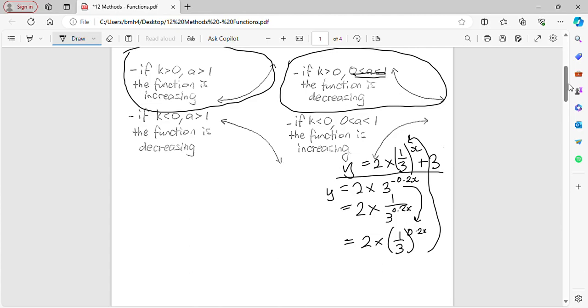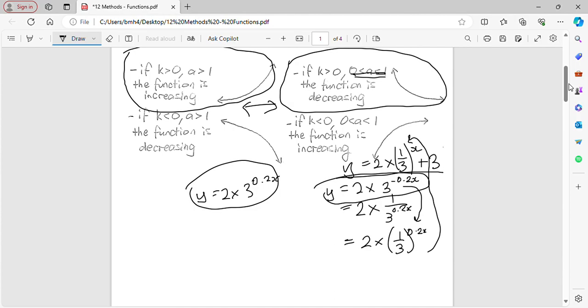So whenever you've got k greater than 0 and times by something to a negative power, you can immediately think, okay, that's decay. And if you've got, say, y equals, I'll just do the reverse just to show you, if you've got that, where that's positive there, that is going to be exponential growth.